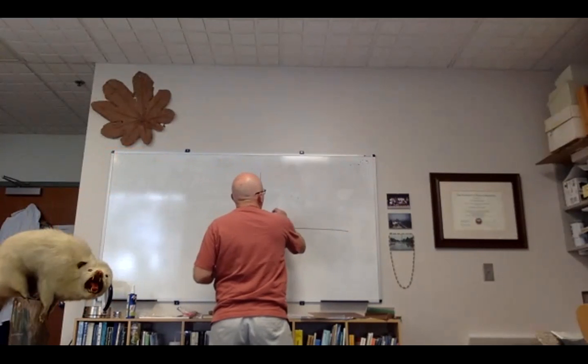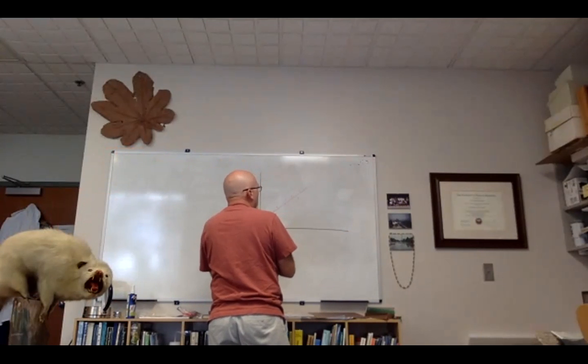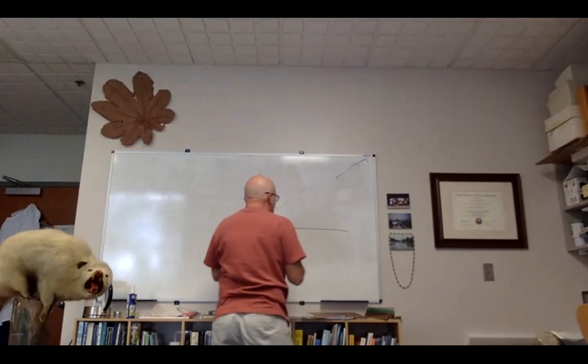It would look like this one has a slope of this, and this one has a slope of this.